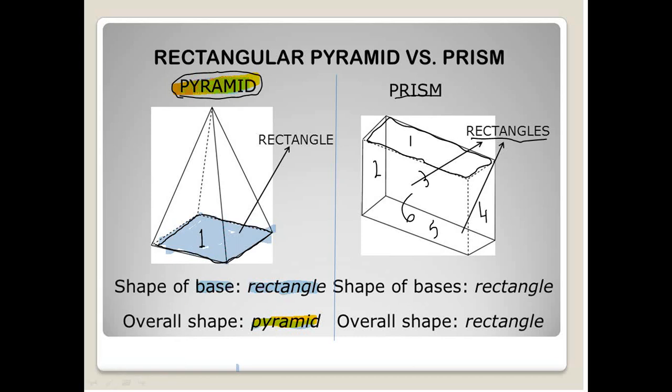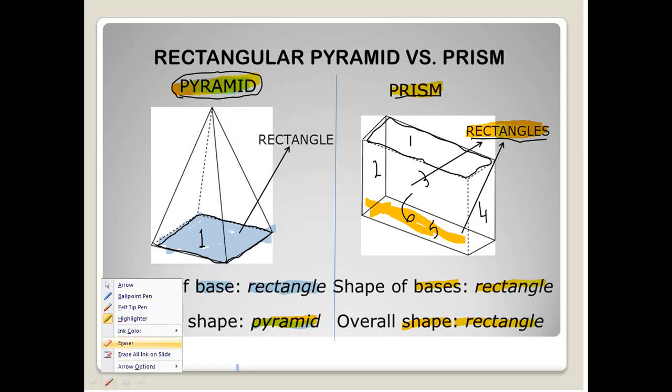Now let's look for the prism. This prism here is made all of rectangles. They are all rectangles. The base is a rectangle. The base here is a rectangle as well, and the overall shape is a rectangle. They are all rectangles together.